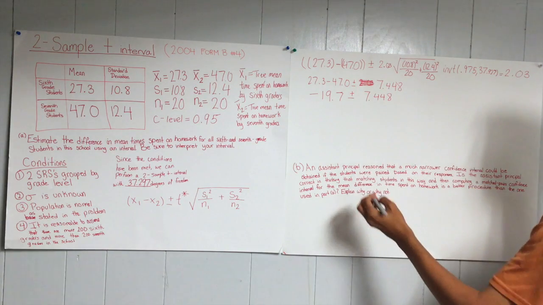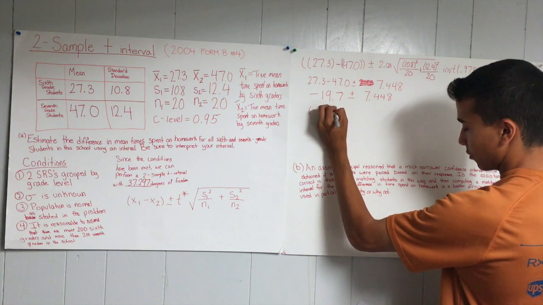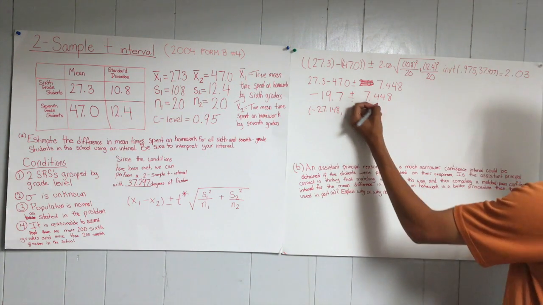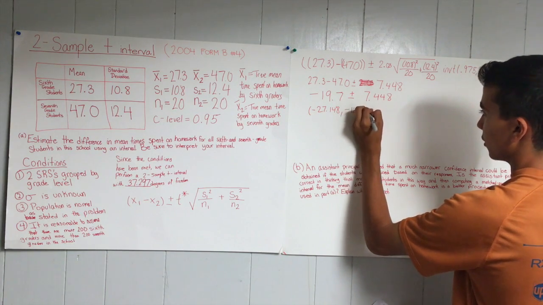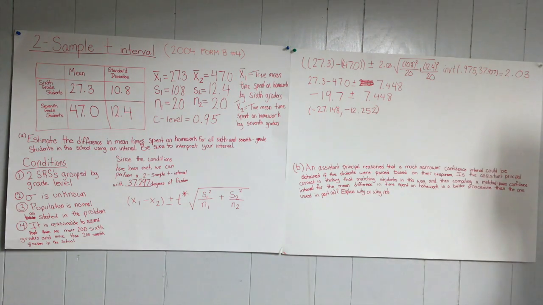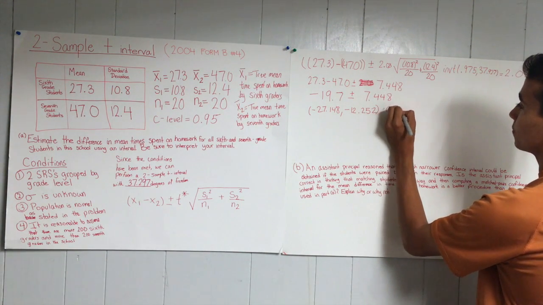Once you subtract, you get the lower end of the confidence interval, which is negative 27.148. And when you add, you get the upper end, which is negative 12.252. So once you've obtained your confidence interval, this is the confidence interval.